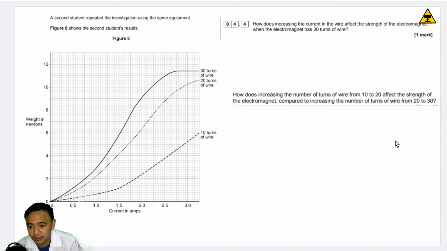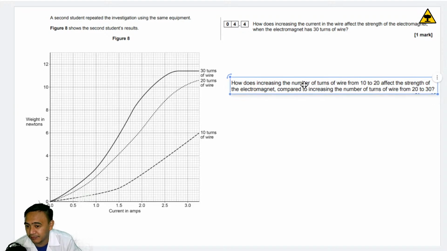Increasing the number of turns from 10 to 20 will automatically increase the strength more than increasing from 20 to 30. Okay, good. Right. So how do you say that?